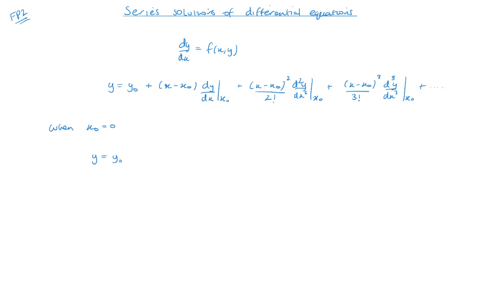It'll just be y0 plus x times dy by dx, plus x squared over 2 factorial d2y by dx squared, plus x cubed over 3 factorial d3y by dx cubed, and so on.